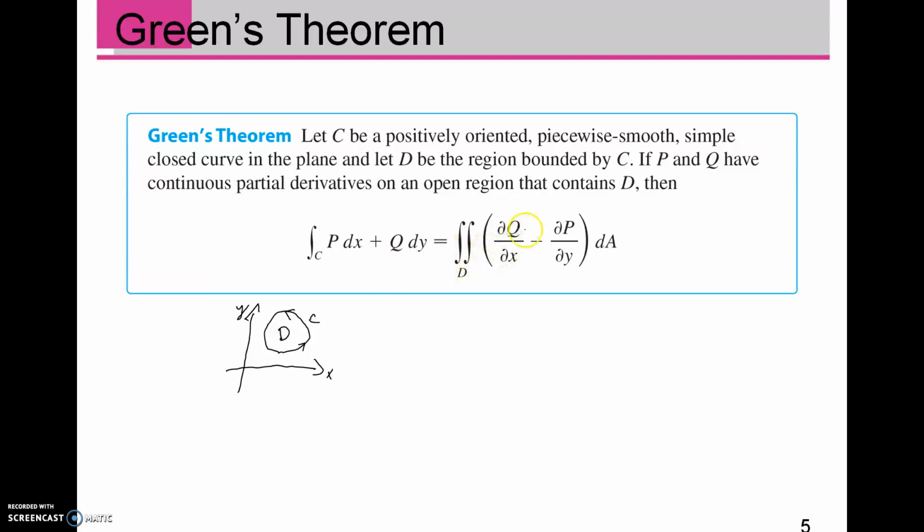So you've got derivatives on one side, the derivative of Q with respect to x, and then the derivative of P with respect to y. And you see this analogy, right? So P and Q being those scalar functions that are in front of i and j.